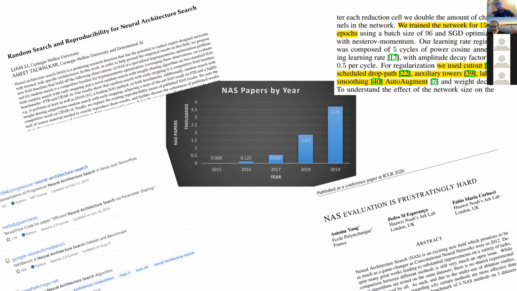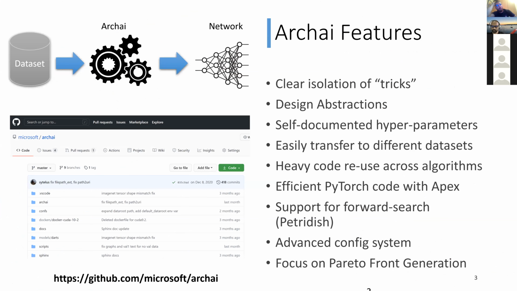So our goal was to get a lot of these algorithms under the same code base, so we can make a fair comparison, and also have a clear delineation between the tricks and the NAS algorithms. So this is where Archai comes in.